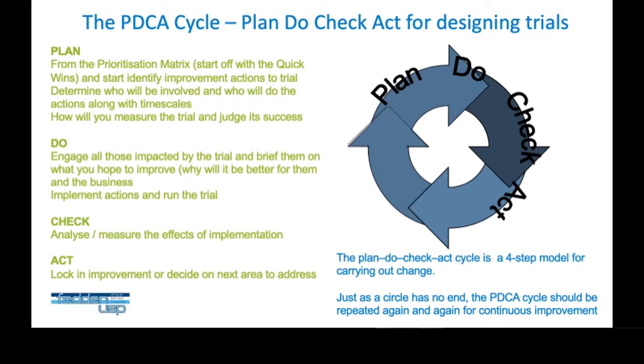The check is you make sure that it improves the process in some way, either improving productivity, or improving the 5S or the workplace organisation within that area, or reducing quality issues. And then, assuming that things have worked the way you planned, the act is all about how you make this part of the normal way of working. So how do you write it up into your work instructions or your standard operation documents to make sure that it becomes a normal way of working.